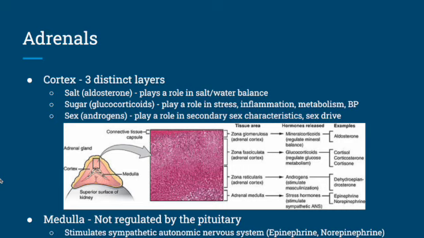And then one of the areas that we'll try to dig into a lot more in class is the cortex. And the cortex is going to have 3 distinct layers, and we think about them as salt, sugar, and sex. The salt layer is the zona glomerulosa. You do not need to know these names, by the way, but the outermost rim is going to be mostly responsible for aldosterone.